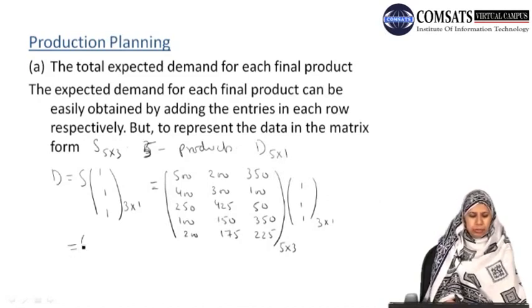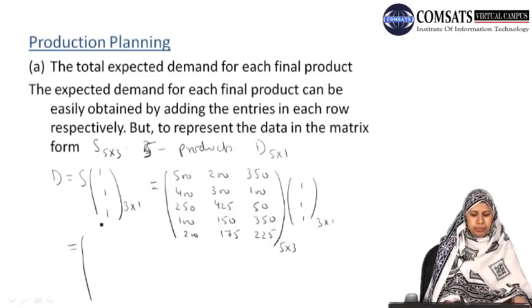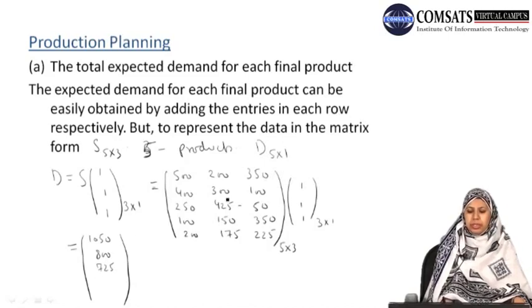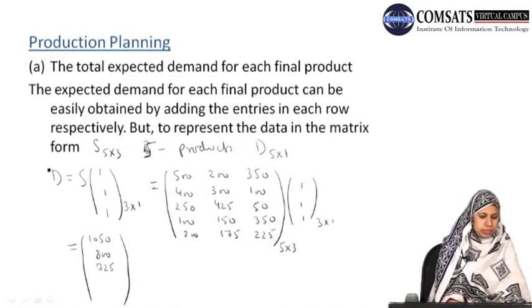In multiplying these two matrices, we obtain the total expected demand for each product. These two matrices are very easy to multiply, that is 500 plus 200 plus 350, 400 plus 300 plus 100, 250 plus 425 plus 50, adding the entries in all the rows by using matrix multiplication.